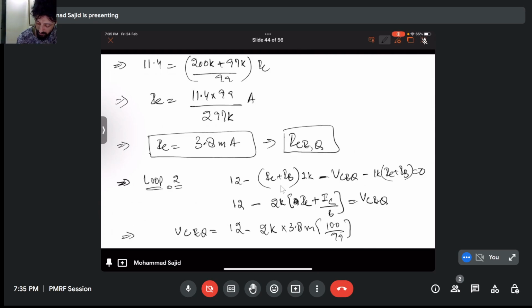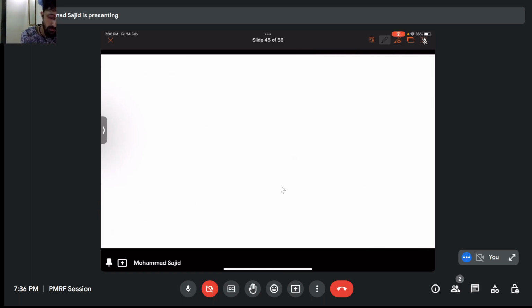This will give me VCEQ equivalent to 12 minus 2K into 3.8 milli times 100 by 99. Let's just solve that quickly. That is 7.6 into 100 divided by 99. That is 12 minus 7.6767. Just subtract it from 12, we get 4.32. That is 4.32.